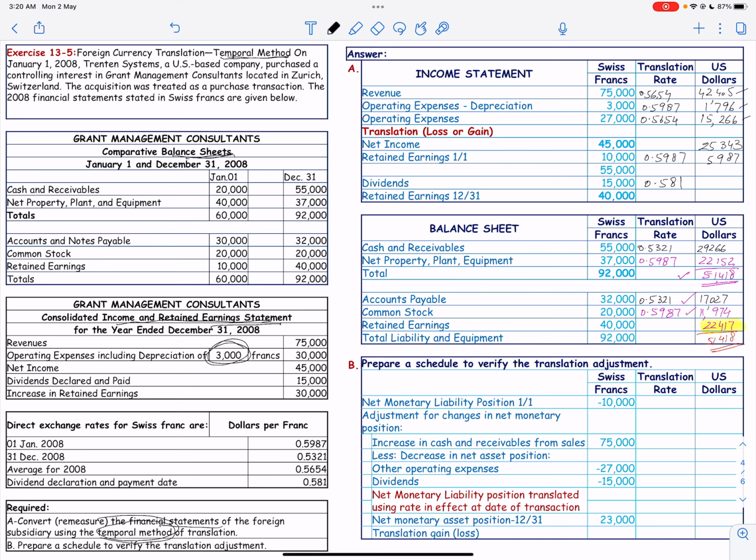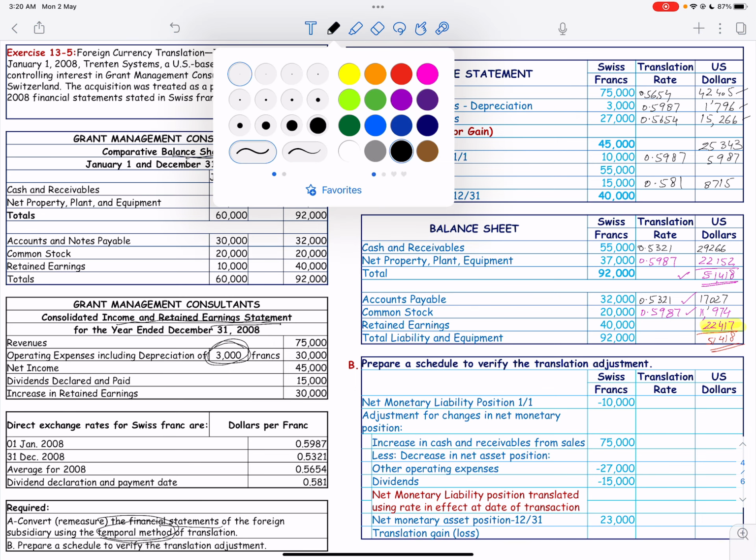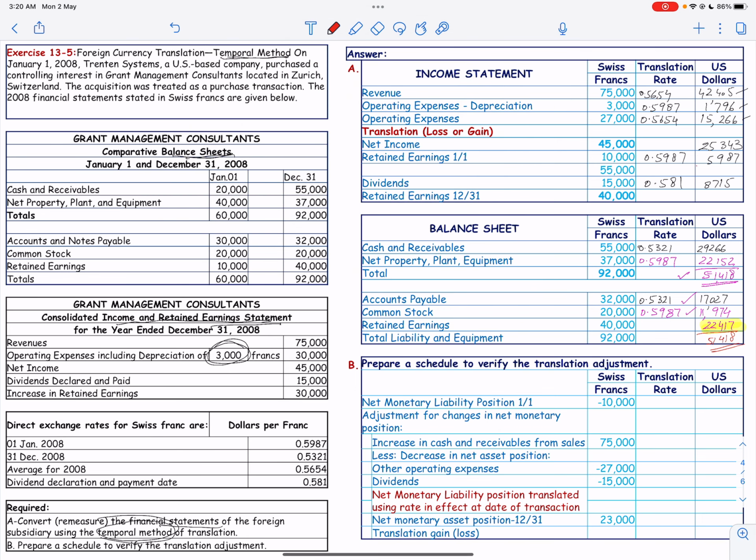So this is equal to 8,750. Now net income plus retained earnings will be equal to 31,330, and from this we will subtract the dividend, and this will be 22,615.